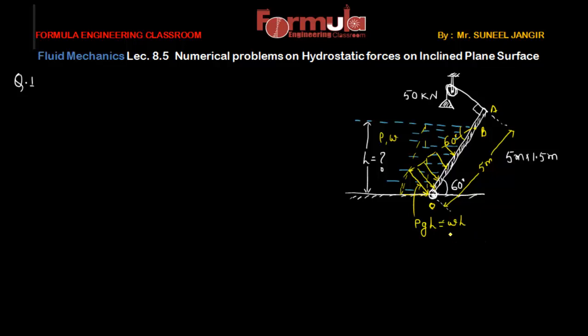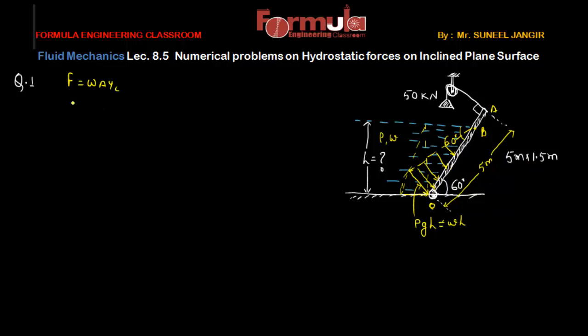Now we can calculate the force exerted by water on this plane surface by two methods. First, we know the formula: the hydrostatic force F will be calculated by w A y c. I'm using this one first, then I will tell you the second method. We know w, and for the area we only need the area of the submerged surface, so the area is OB into the width of the gate perpendicular to the screen, that is 1.5.